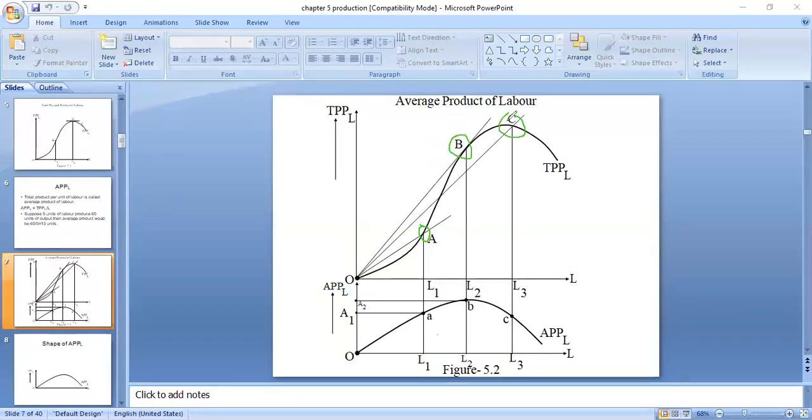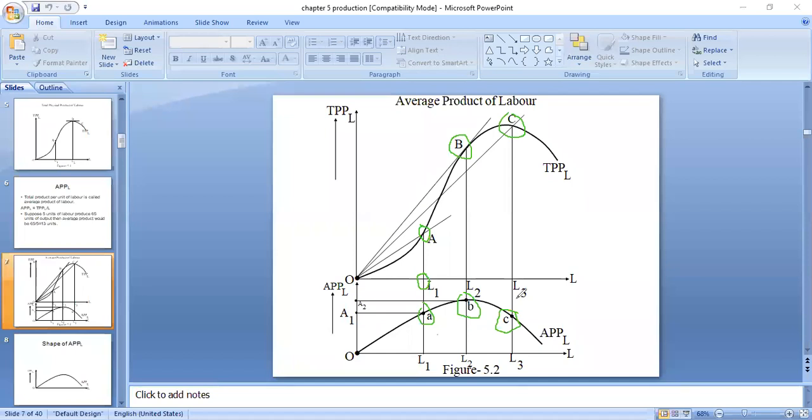Look at the shape of the curve and the slopes: OA slope, OB slope, and OC slope. In the lower panel, you have point A, point B, and point C. Look at the average physical product line. When you employ 0 to L1 labor, the curve is outward, which is called convex.